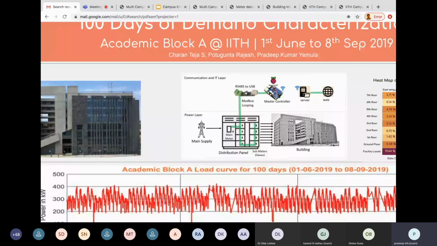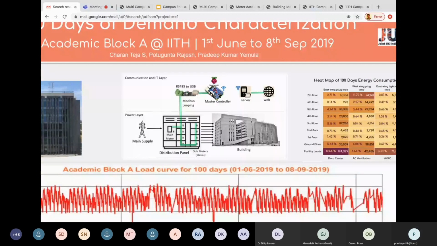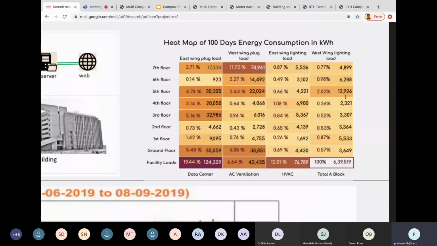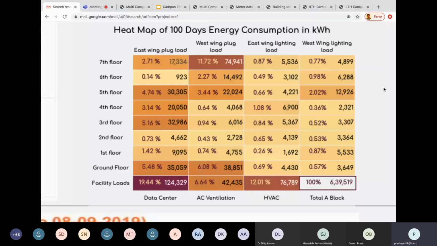So first I would like to show this heat map. For the entire 100 days, the total consumption is 6,39,519 units, which you can see on the right.